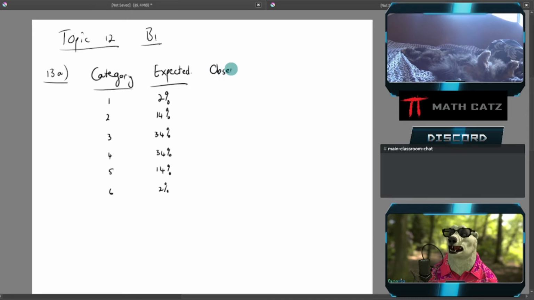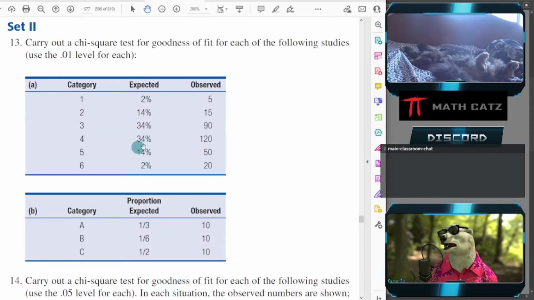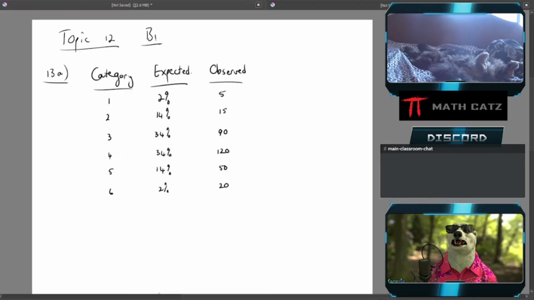Then we observed some scores for people we survey or whatever the story may be. We got 5, 15, 90, 120, 50, and 20. So that's where we're at, just like they give us in the question.